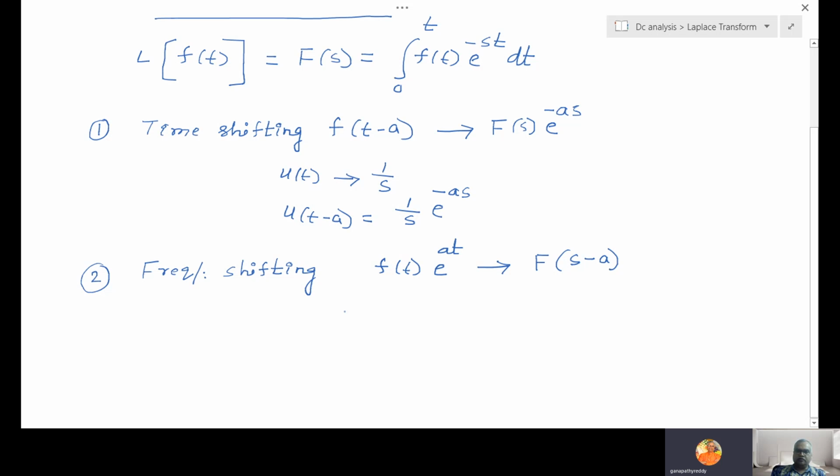So for example, e power minus at transform is 1 by s plus a. Then sin bt transform is b by s square plus b square.